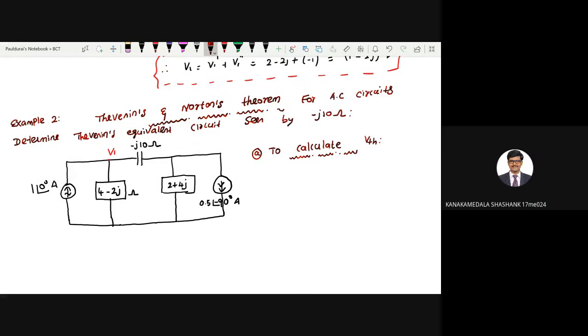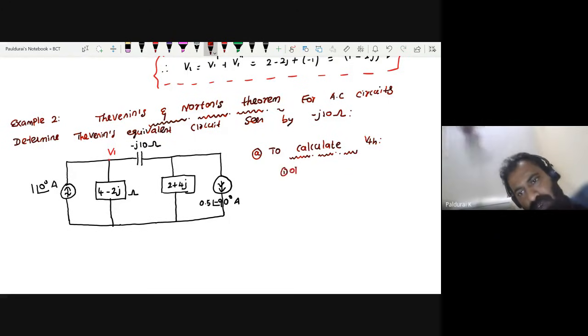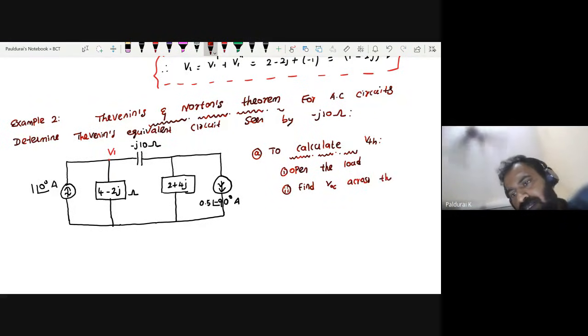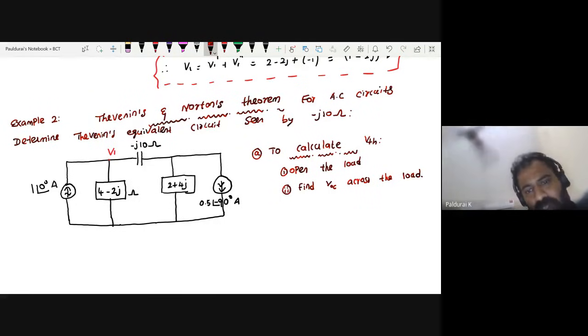Open the load and find the voltage across it. So the very first point, you open the load. Thank you. And the second point, find the open circuit voltage across the load. So this time you will open this load.